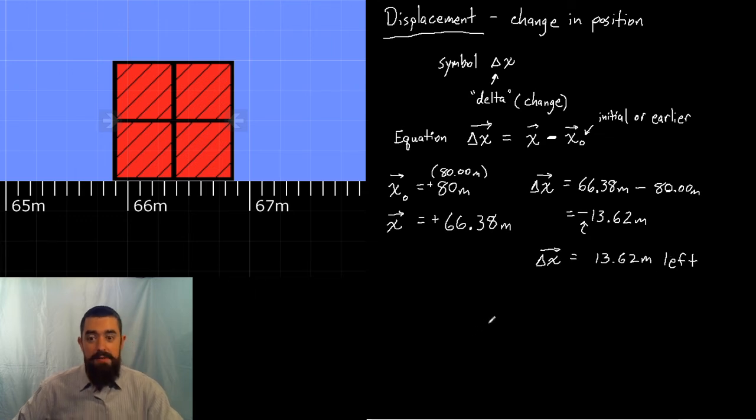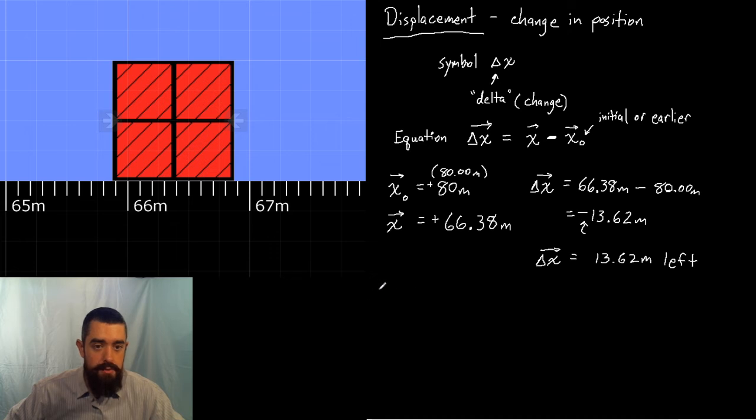Because in this situation, positive and negative are right and left. Positive is to the right, negative is to the left. That's the way it was defined within this situation. You have to read the situation and then use the directional system that they have.